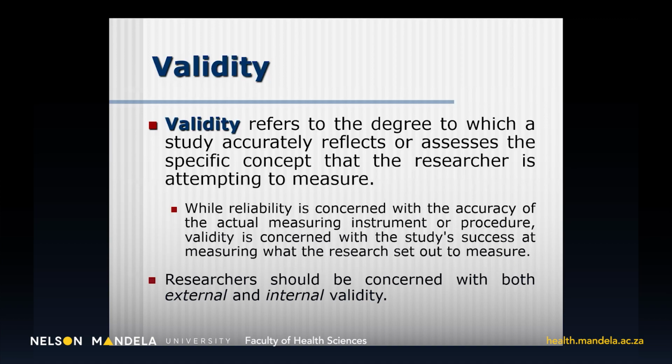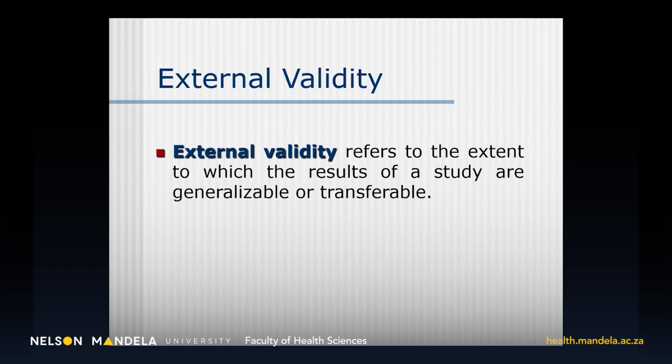Researchers should be concerned with both external and internal validity, and there are ways of measuring internal validity. So you've got external validity and internal validity. External validity refers to the extent to which the results of a study are generalizable and transferable.